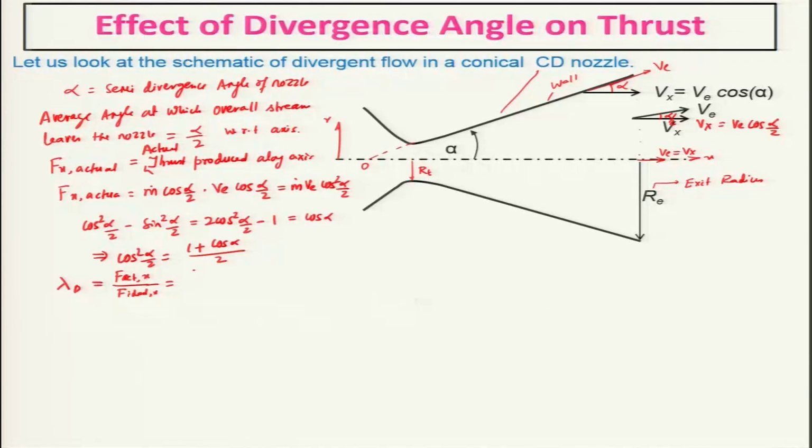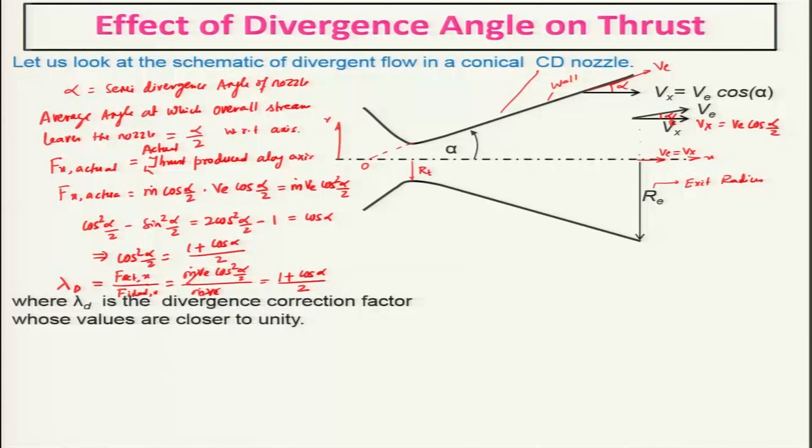That is nothing but m dot V cos square alpha by 2, divided by the ideal one along the direction, m dot Ve. This will cancel out, and cos square alpha by 2 is basically 1 plus cos alpha divided by 2.